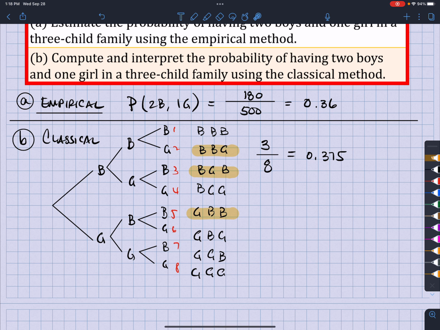Okay. So notice that these are going to be different. And it could be different because the empirical doesn't have enough trials yet, right? Maybe you needed to ask 5,000 families or 5 million families to figure out that it might get closer to this, given that this is assuming everything's even, right?